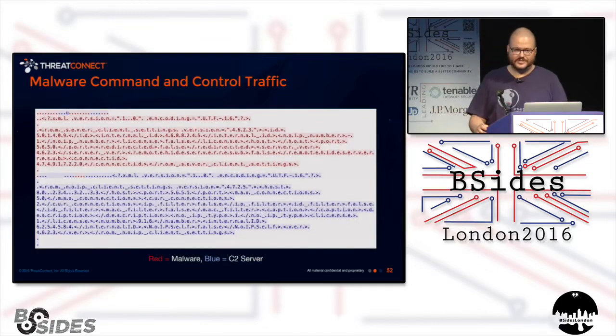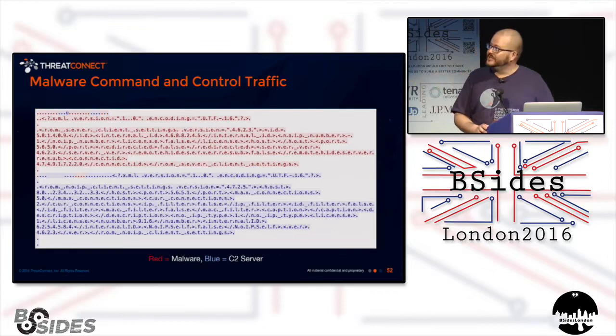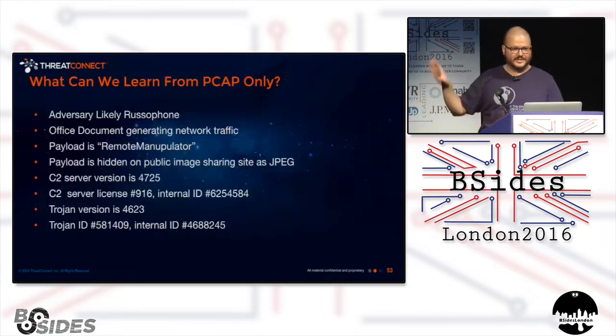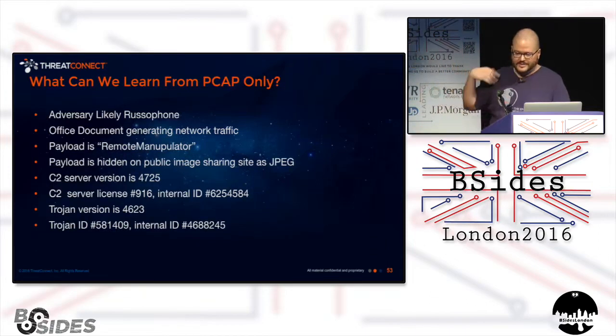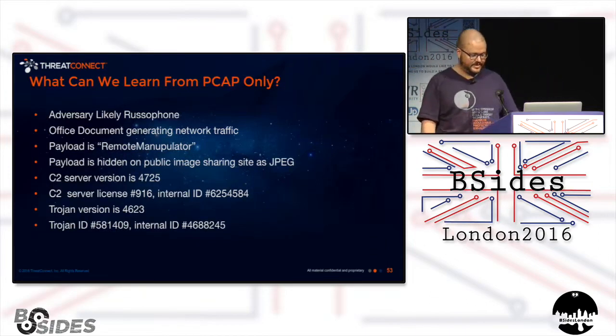So I've actually opened that one connection in Wireshark, and lo and behold, we've got XML C2 traffic going back and forth between these two locations. I know this looks a little bit like angry fruit salad, so I'm going to spell it out for you when I review what we've learned.